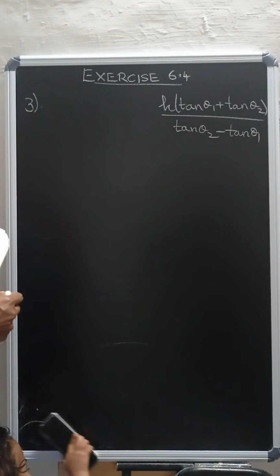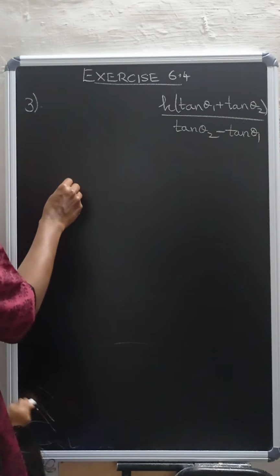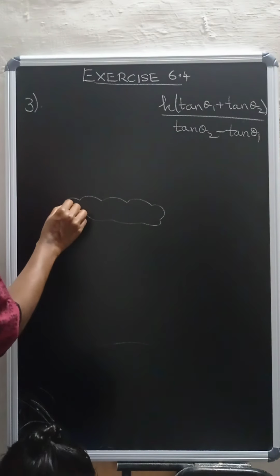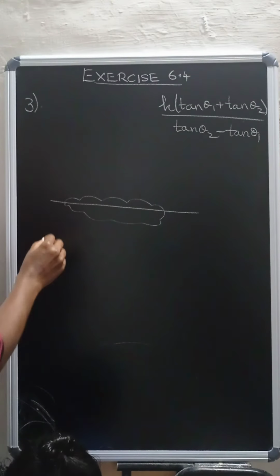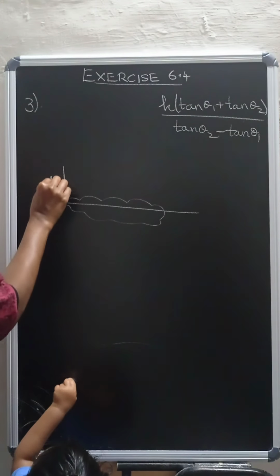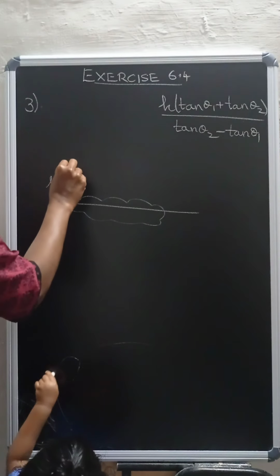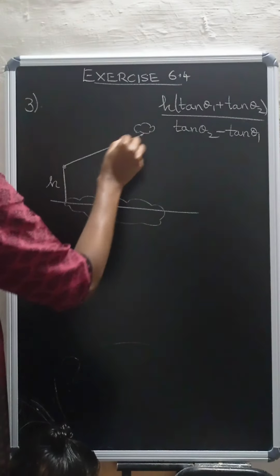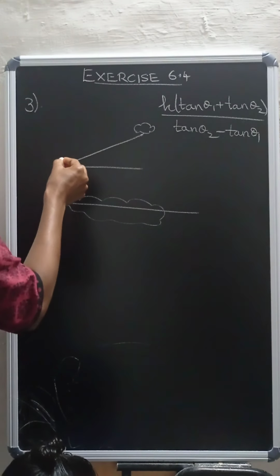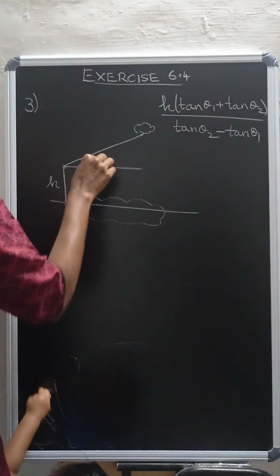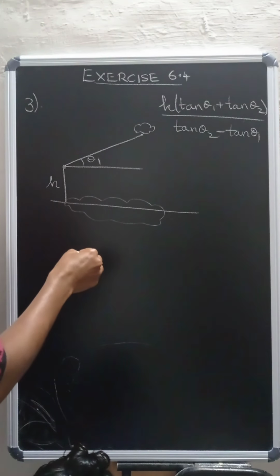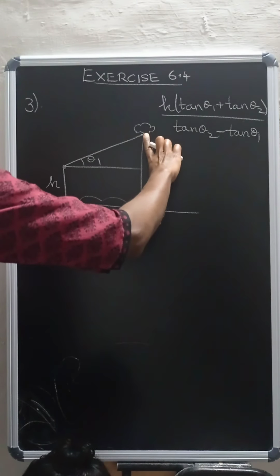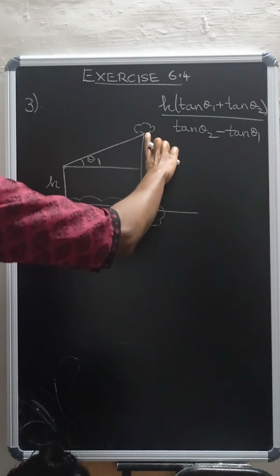If the angle of elevation of a cloud from a point h meters above a lake is... so let the lake be this. Now h meters above the lake, the angle of elevation of the cloud is theta 1, and the angle of depression of its reflection in the lake is... now see, this same distance will come here.